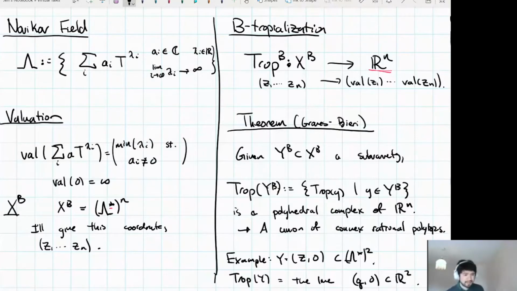Now, the remarkable thing about this was, in the previous talk, we explained how going from lines in R² to subvarieties of Λ*² was a natural thing to do. But this gives you a reverse process where you can start with any subvariety of Y_B and then produce this combinatorial object, the tropicalization of it.